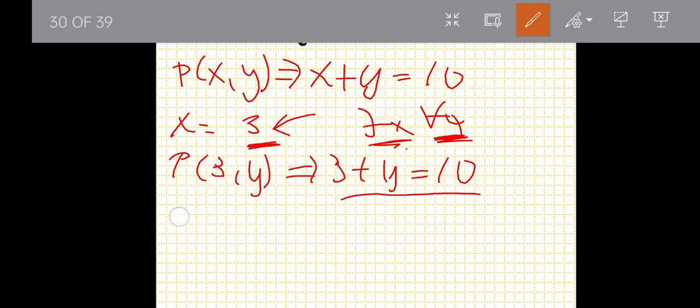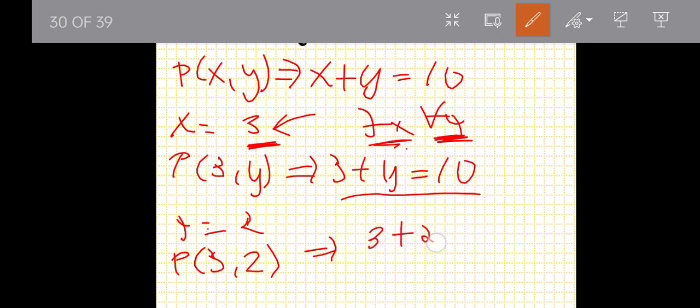So, let's say y natin is equal to 2. Okay? So, P(3, 2) natin is simply 3 plus 2 is equal to 10. Totoo ba? Hindi, di ba? Kasi 3 plus 2 is 5, and 5 is not equal to 10. And this is false. Okay?